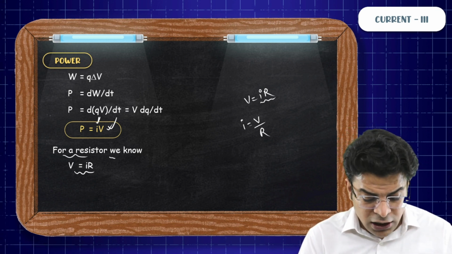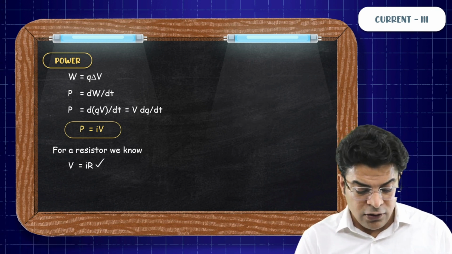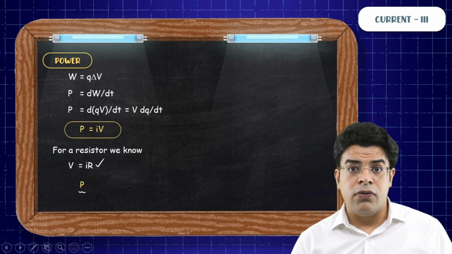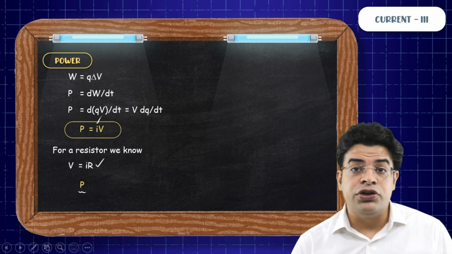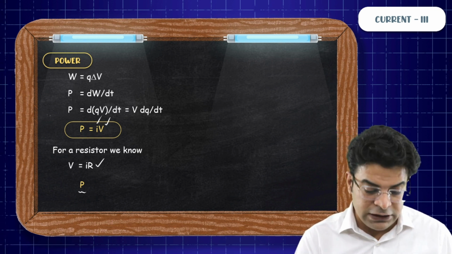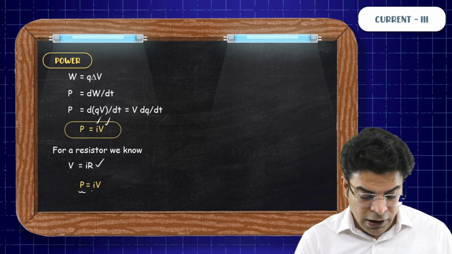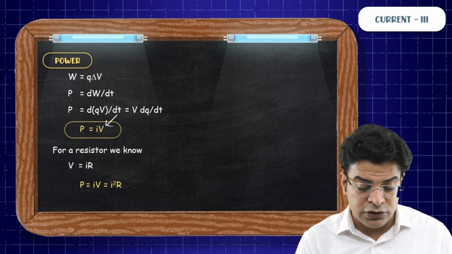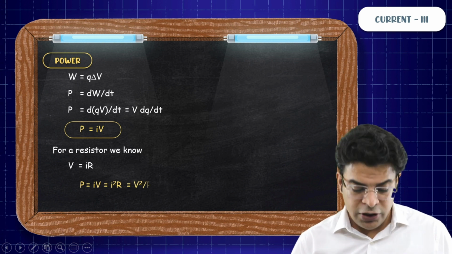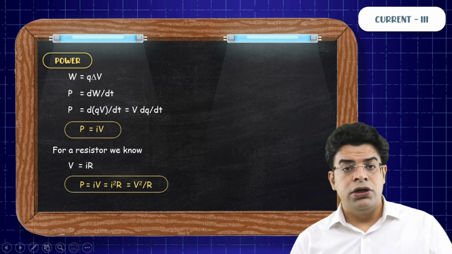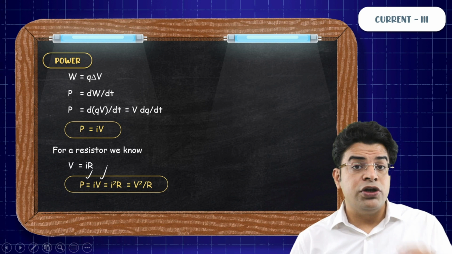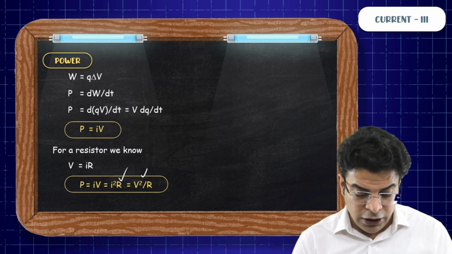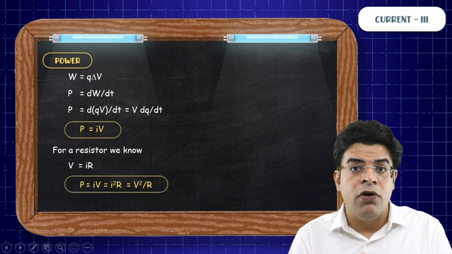So for a resistor, power, which is IV, can be written as I square R if you substitute IR in place of V, or can be written as V square by R. So power equals IV can be used for everything, but power equals I square R or V square by R should be used only for a resistor.